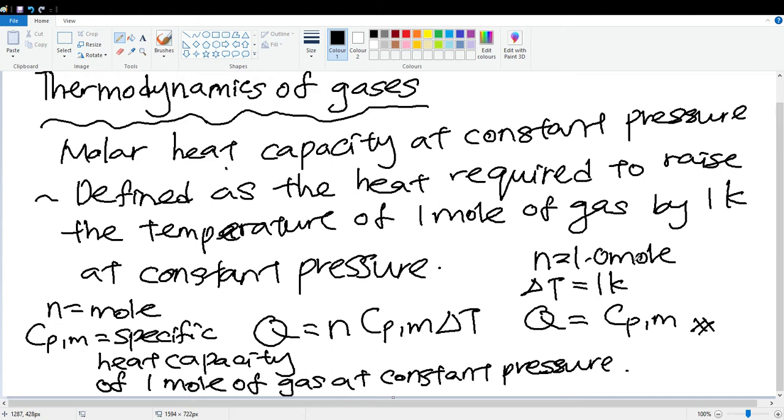So this is the definition for molar heat capacity at constant pressure.